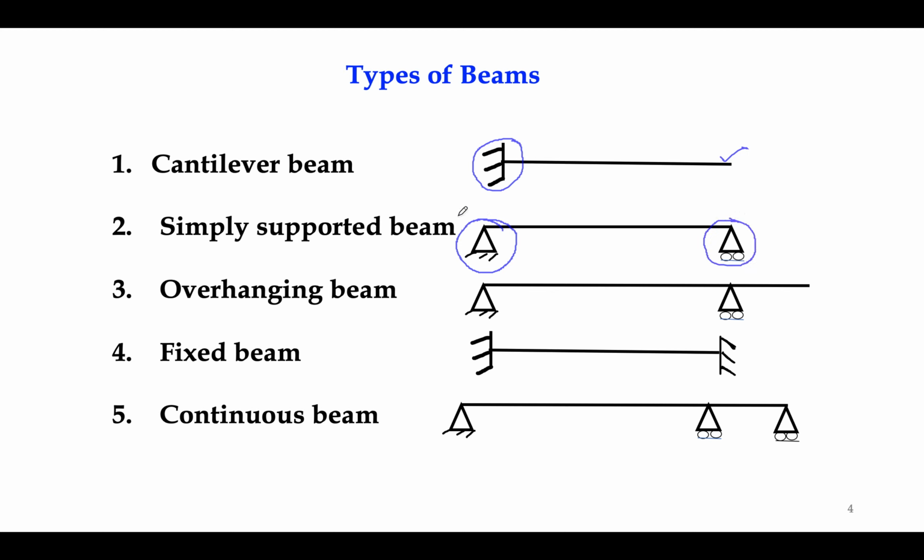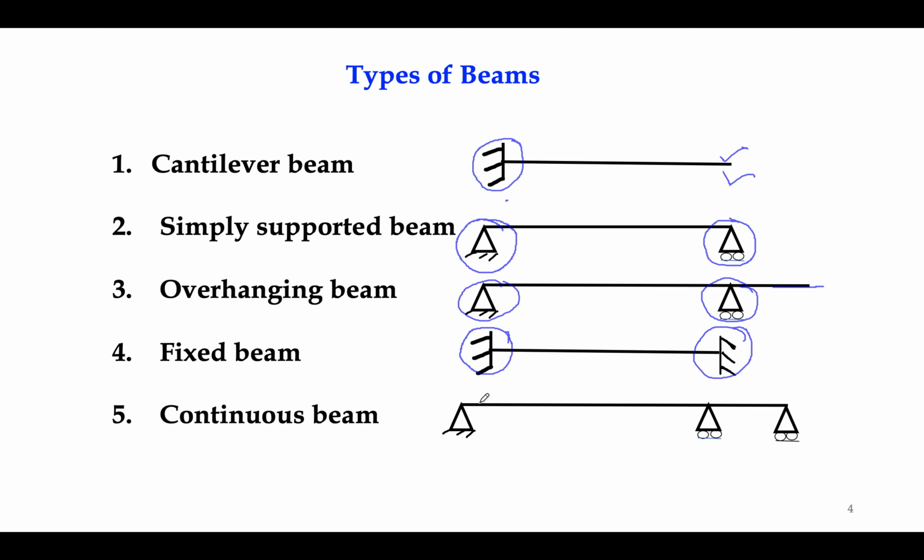An overhanging beam is similar to a simply supported beam, but it has an overhanging portion over here. Then there is a fixed beam. A fixed beam is like a cantilever beam, but here, instead of one end being free, both ends are fixed, so we call it a fixed beam.